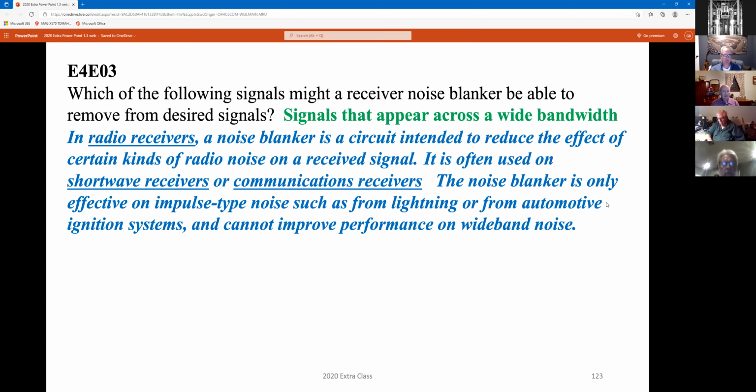Which of the following signals might a receiver noise blanker be able to remove from desired signals? And the answer says signals that appear across a wide bandwidth. I actually have a question about this one, because at the end of the explanation, it says the noise blanker is only effective on impulse type noise, such as whatever, and cannot improve performance on wideband noise.